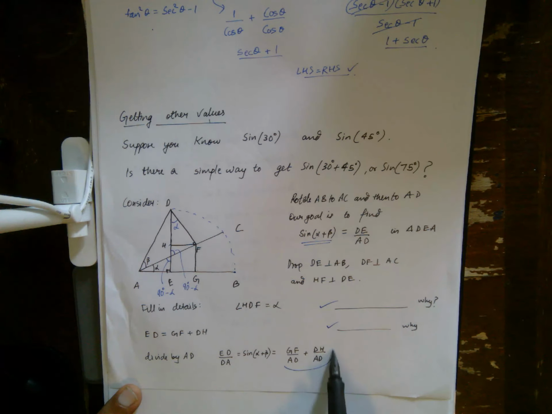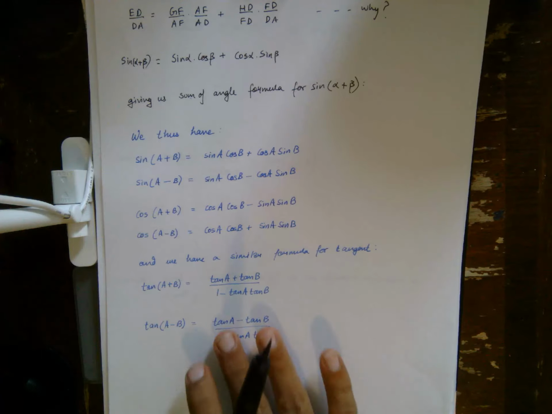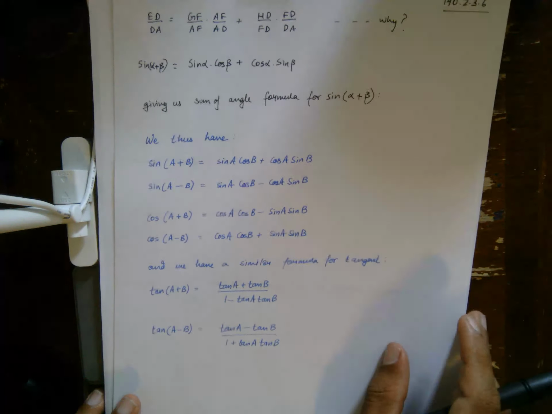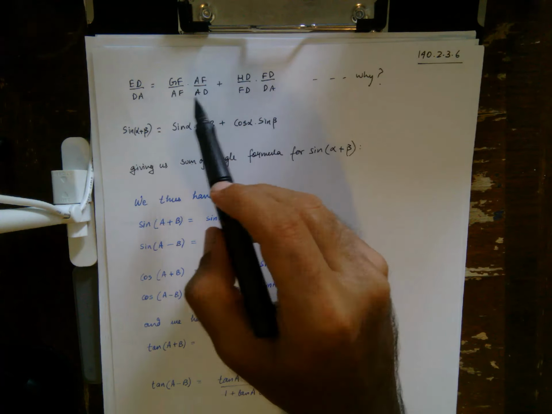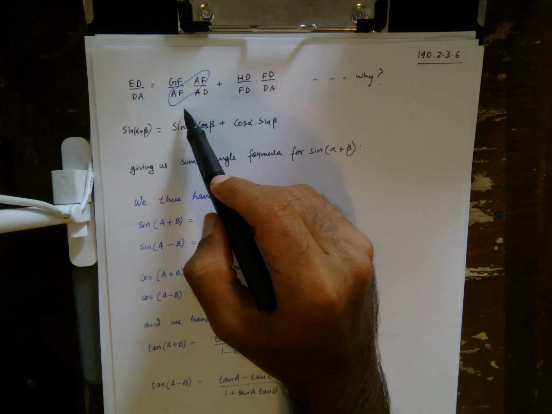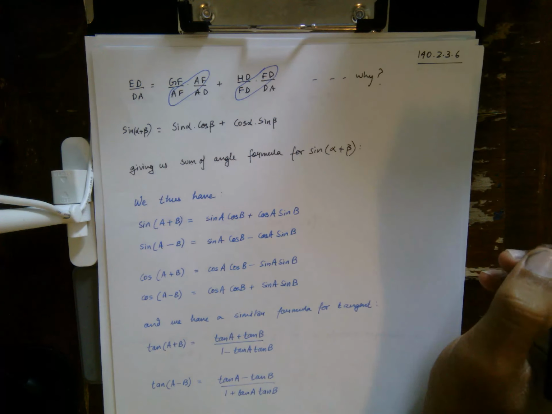Now we somehow have to relate these ratios in terms of sines and cosines of alpha and beta. So we do a little trick. Common trick in mathematics. The first one, I multiply and divide by AF. So that's just 1. I'm not changing anything. And the second one, I multiply and divide by FD.